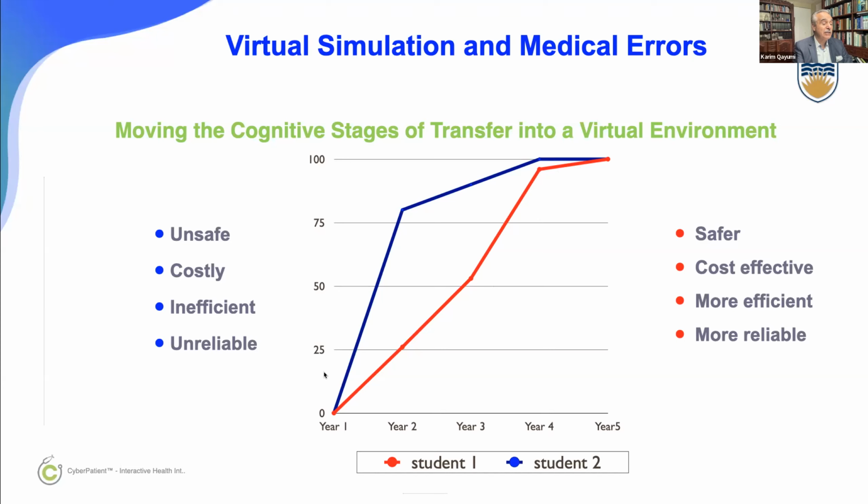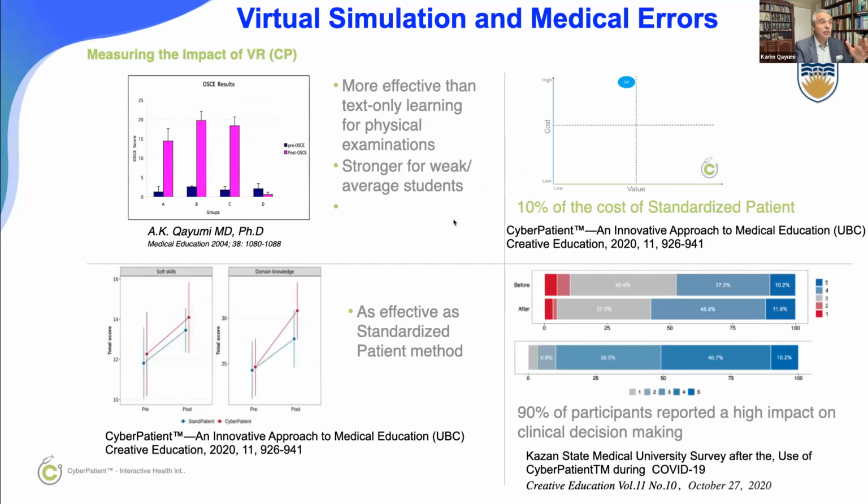But with simulation, you can expedite this, and within 1 year you can reach the point of independence and do more independent work much sooner. So the introduction of simulation, from our perspective, would make medical education and the clinical environment safer, more cost-effective, more efficient, and more reliable. I don't want to talk about these research projects in the interest of time.